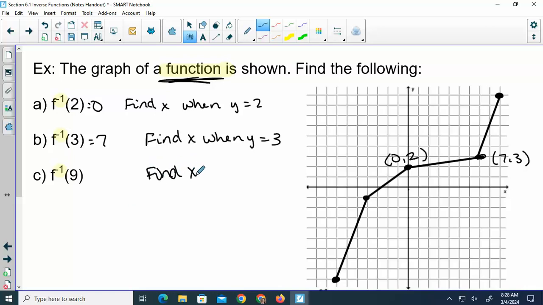So we need our x when the y is 9. It looks like I got a 10 by 10. So that would be 9. Okay, and the reason we had to flip them is because the graph was for the original, and I'm asking you points about the inverse.